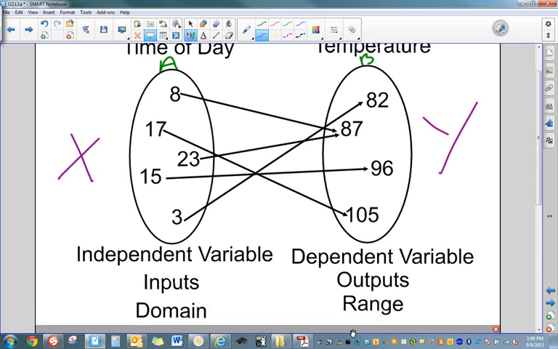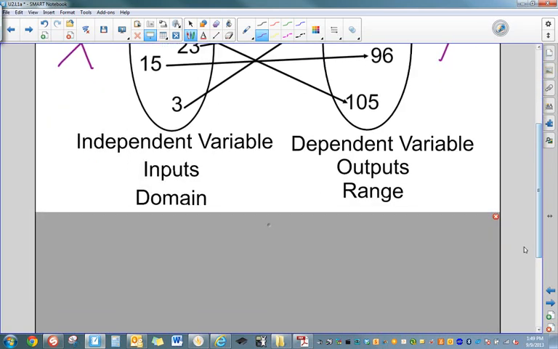So, what you need to know from what's up here. The proper definition: the domain, which will be something good to write down, is all the possible x values of a relationship. The range will be all the possible y values of a function.